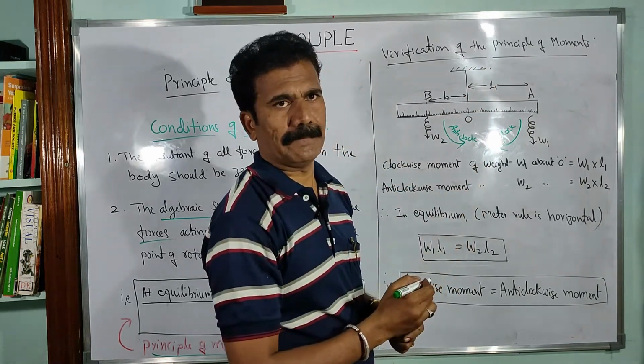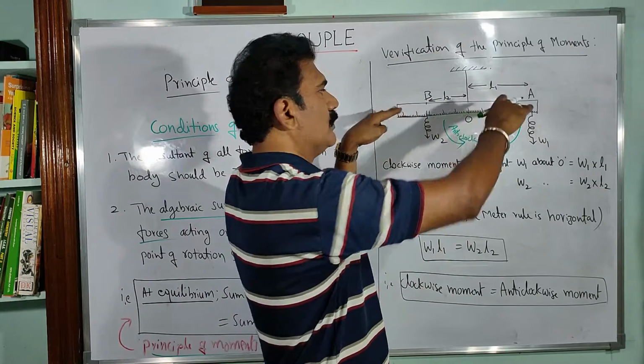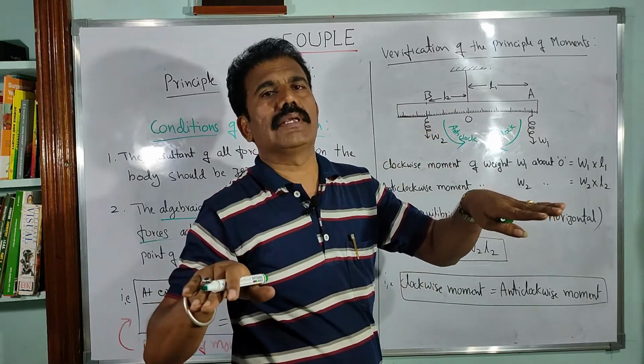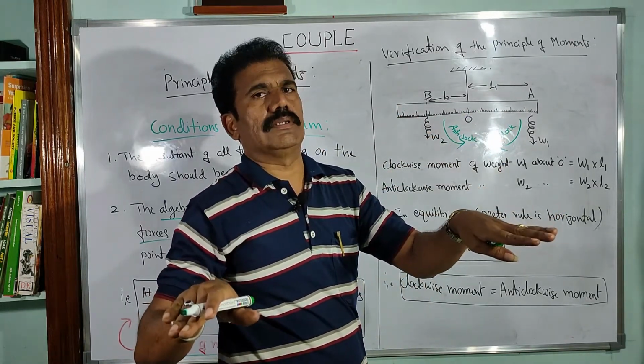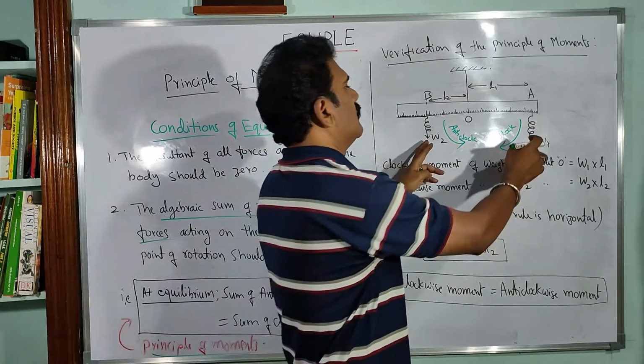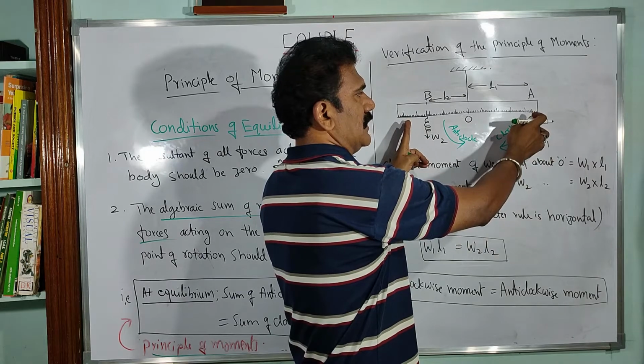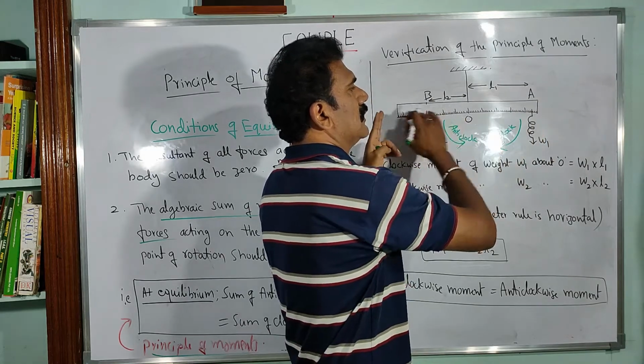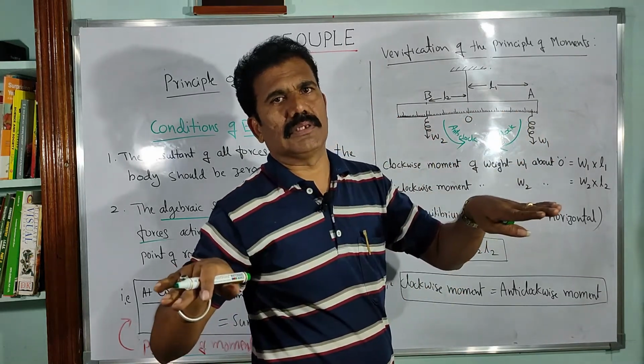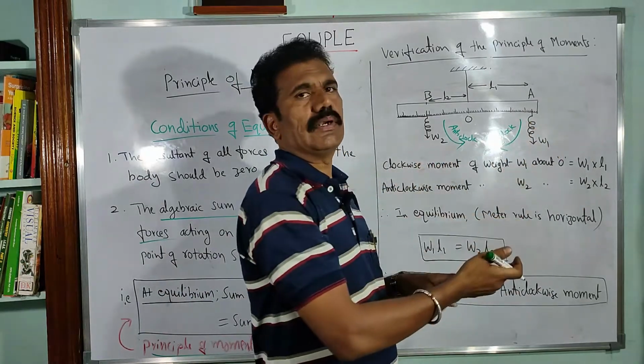The beam is fixed at the support with the help of a string. Now the beam should always be horizontal, then only we can say it is in the equilibrium condition. Suppose I put the two weights W1 and W2 at equal distances, we can expect that the beam is in the horizontal position. Suppose if we change the weights, what happens?